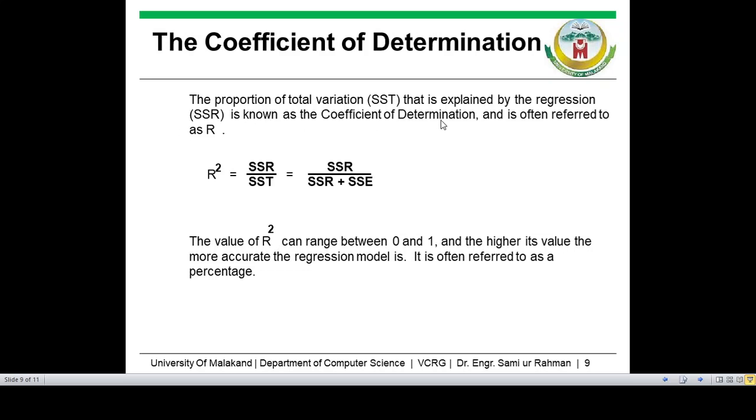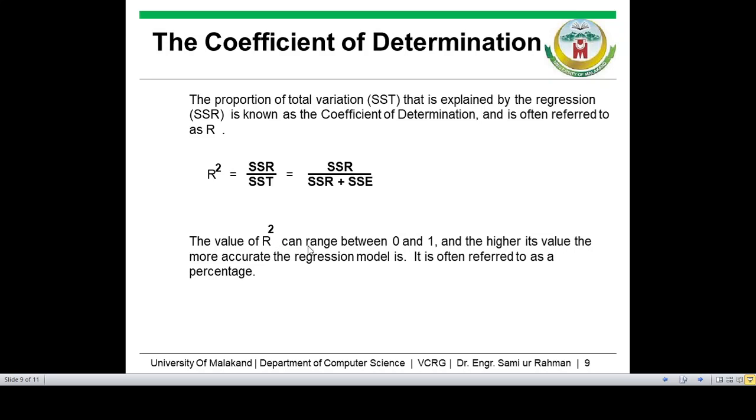Okay, now R square, the proportion of total variation SST that is explained by the regression, is known as the coefficient of determination and is often referred to as R square. Now R square is equal to SSR divided by SST, and SST is equal to SSR plus SSE. So this is called the coefficient of determination.